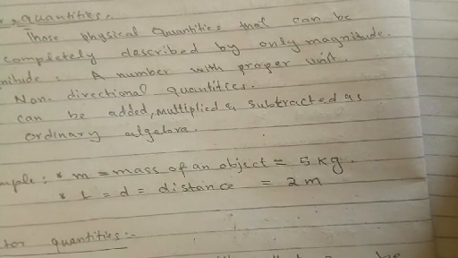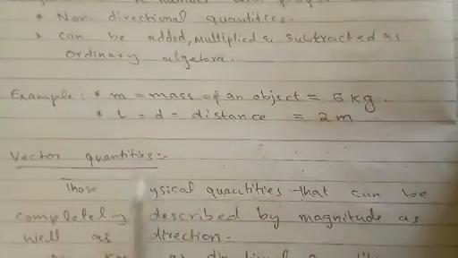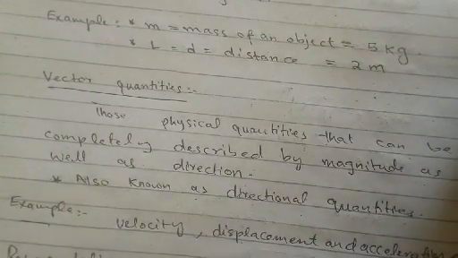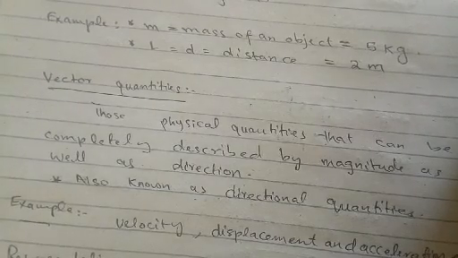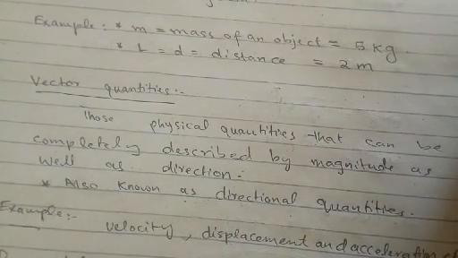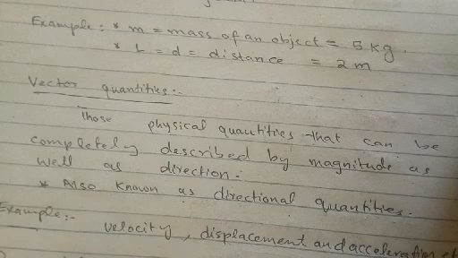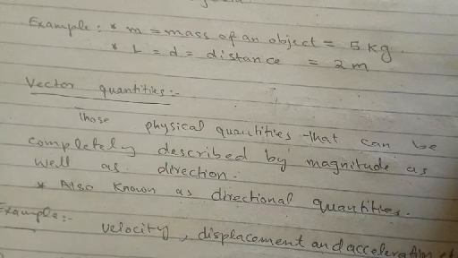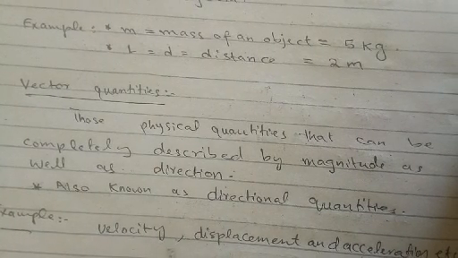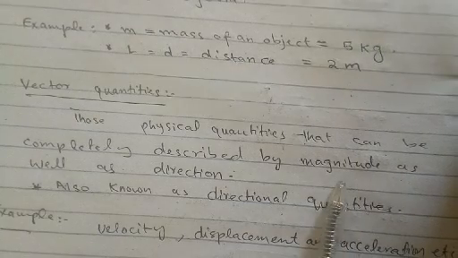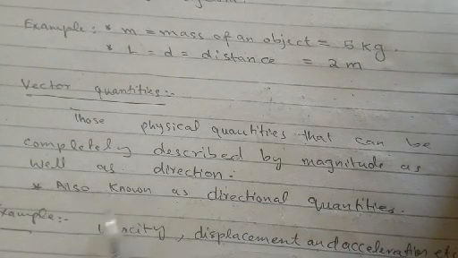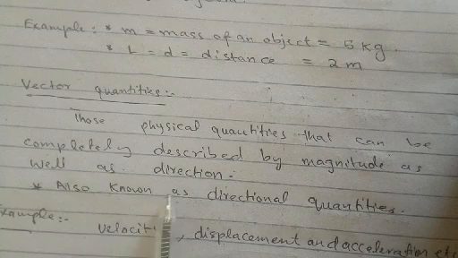Come to the next, vector quantity. Vector quantities are those quantities that depend upon the direction of the body, the direction of the object. They depend upon magnitude as well as direction.